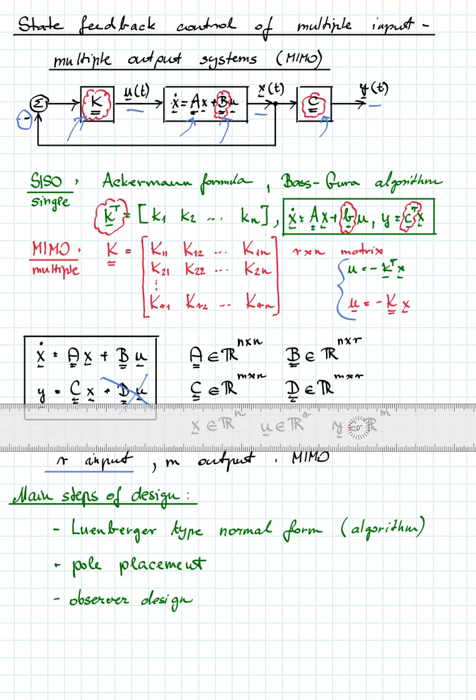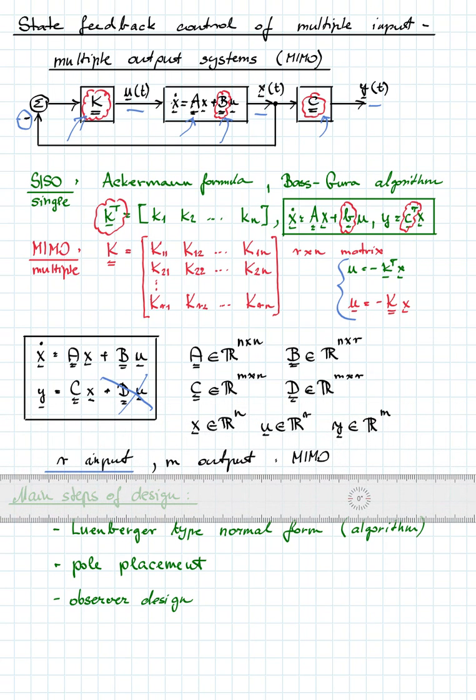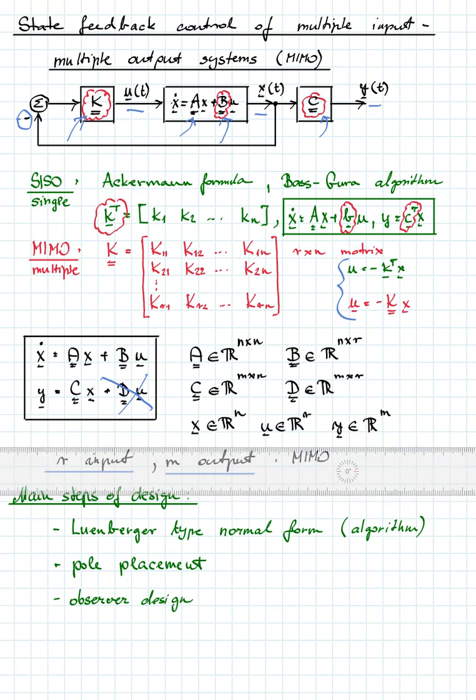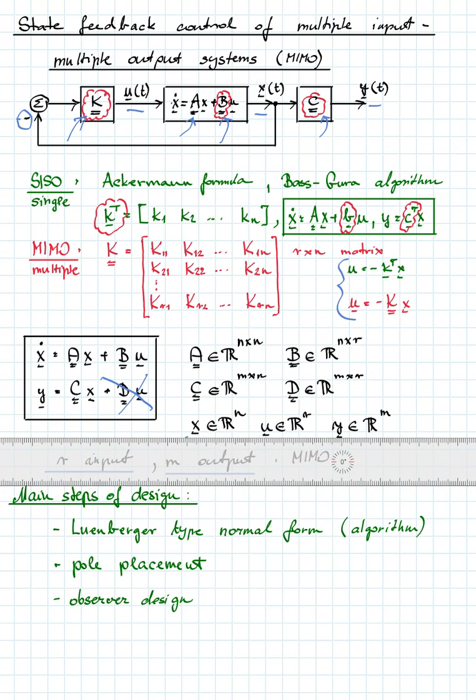So C is a matrix with m rows and n columns, and D is an m by r matrix. In this case we have got m outputs, so the number of outputs is denoted by m. So x is a vector with n elements, u is a vector with r elements, and y is a vector with m elements in this case.